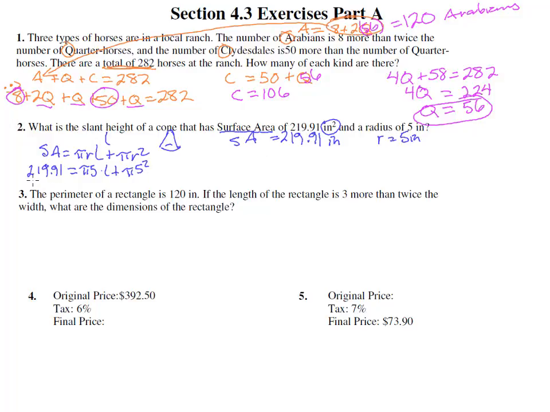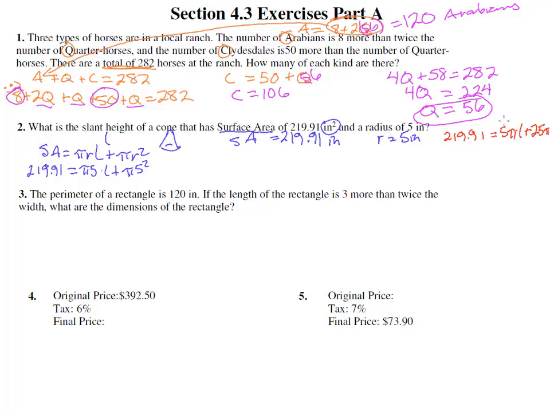Let's come over here to the far side in a different color so we have enough room. So we get 219.91 equals 5 times pi times L plus, is that 5 times 5, 25 pi.